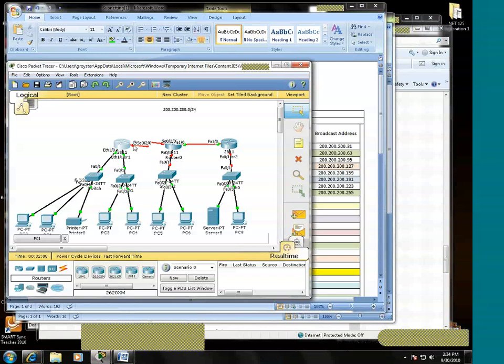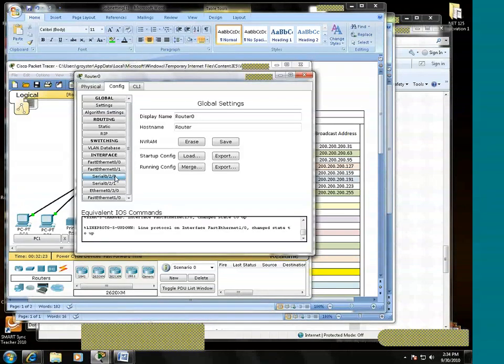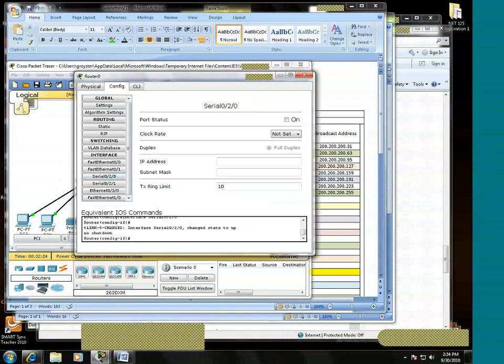What's next? I need to go to the other side of the link. And I need to configure, let's see, it's S0/2/0 of router 0. What's a good IP address for this interface? It's the same network, but we can't use the same host address.